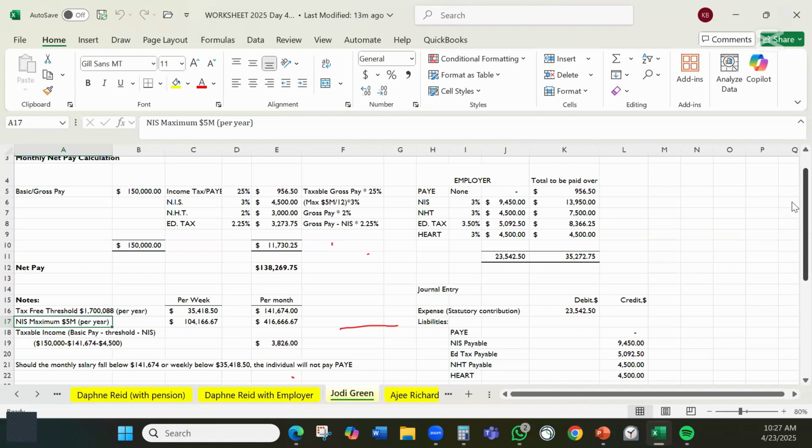Because remember, if she goes over the 5 million for the year, which is 466.67, it means that she would pay the max. But as long as she's below it, she's going to pay the 3% on whatever she earns. Right. So as long as she's below it, you're going to calculate the 3% on her earnings. All right, so that's the explanation.